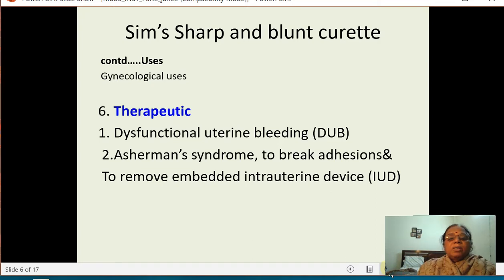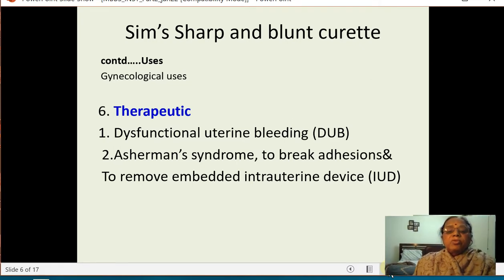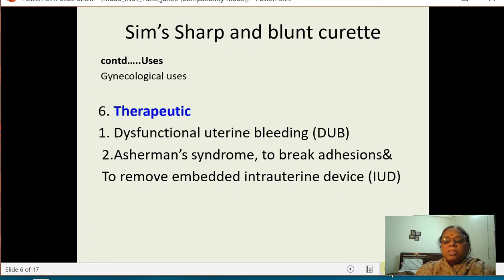Then in dysfunctional uterine bleeding, therapeutic curettage is done so that the whole of the sick endometrium is removed. In Asherman's syndrome, it is used to break the adhesions, and whenever the embedded copper T is to be removed, it's used.